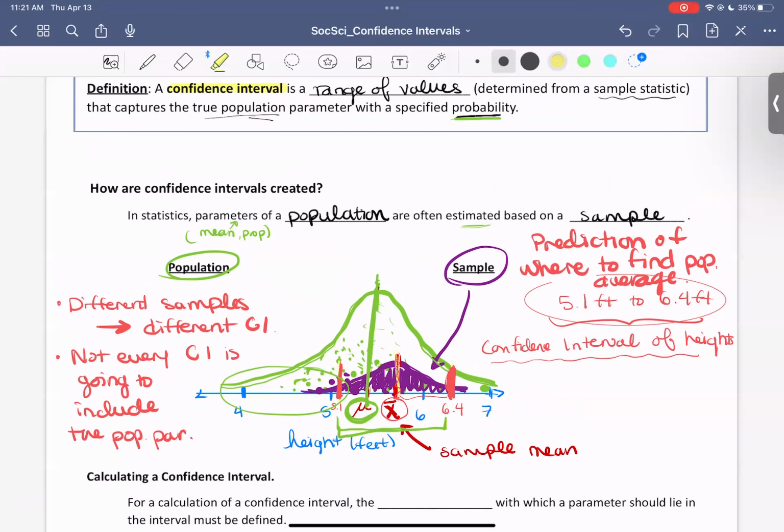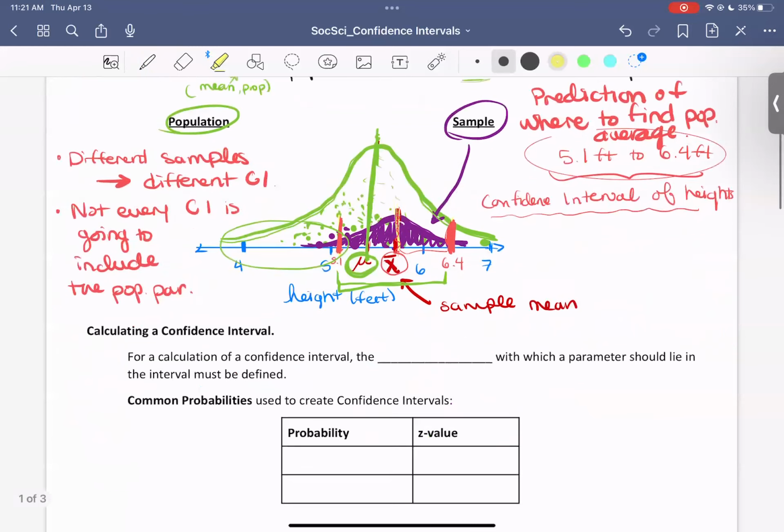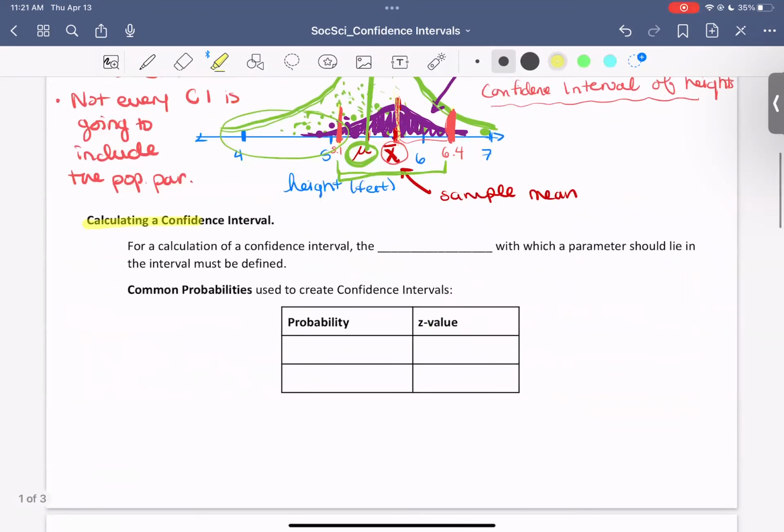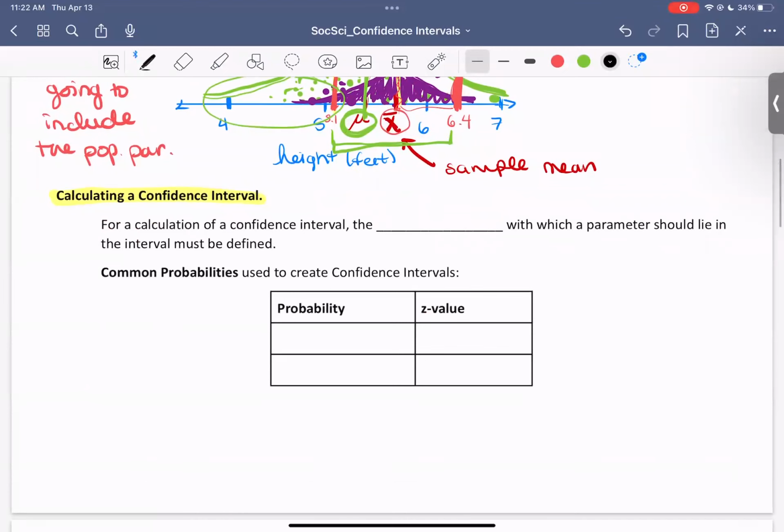All right, so now we're going to get into the details of how we actually calculate a confidence interval. And here's where we're going to see where probability comes into the calculation. All right, so let's continue filling in these notes together.